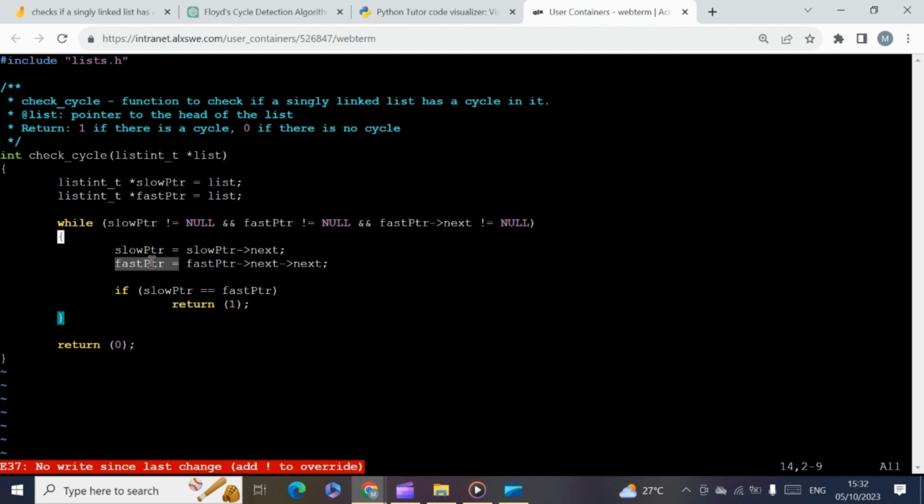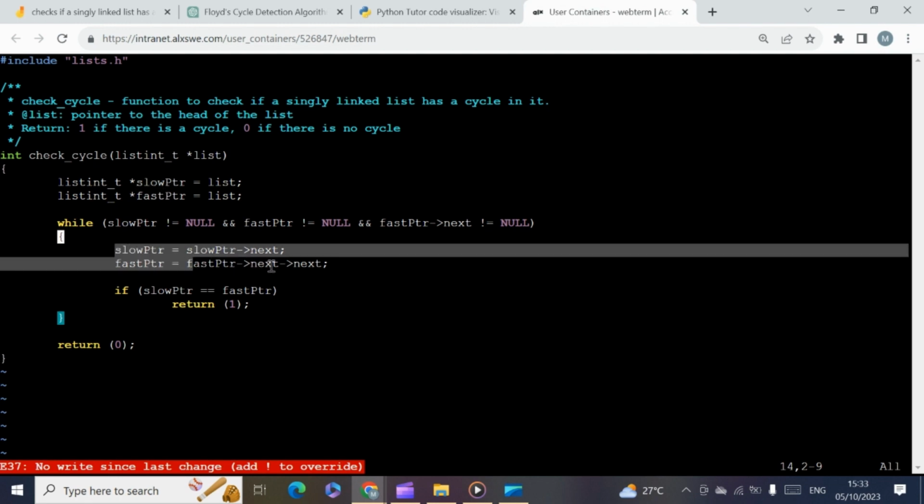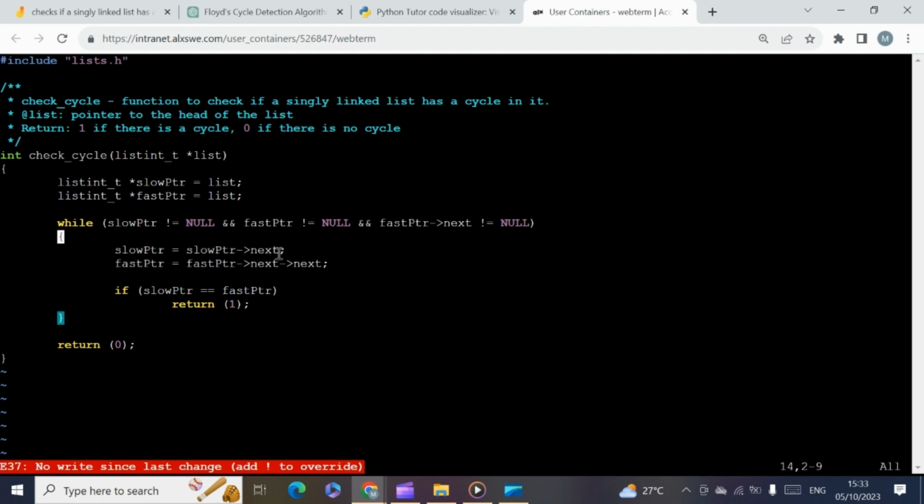It means that at the initial stage, we point both to the very first element, and then in the second iteration we move the slow pointer to the next, and the fast pointer two times ahead of the slow pointer. So that's why I have next, next. This is moving two times ahead of the slow pointer.